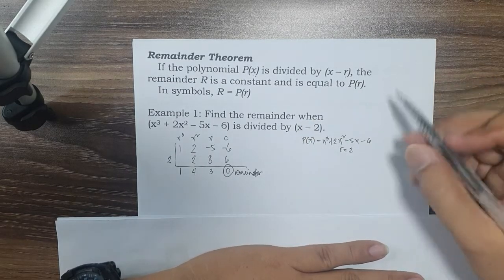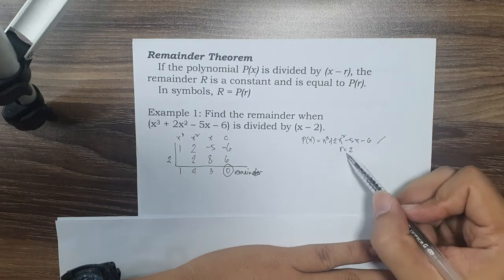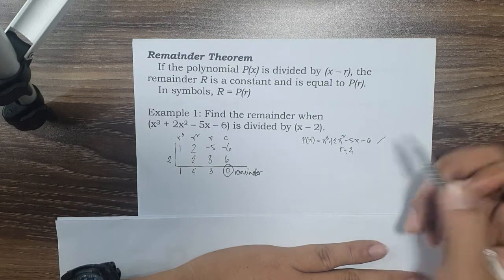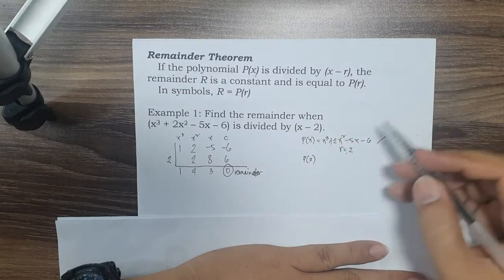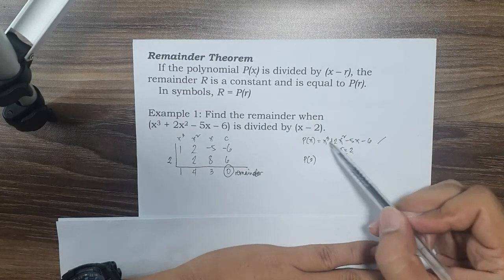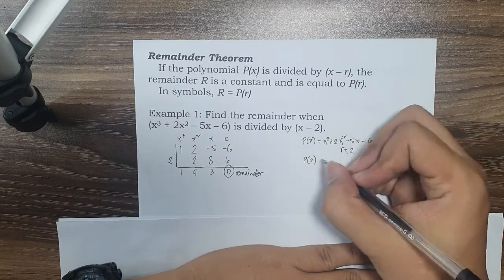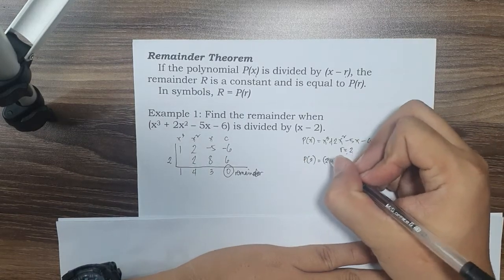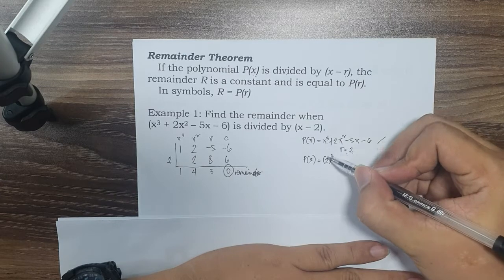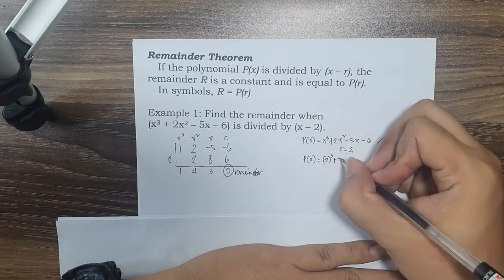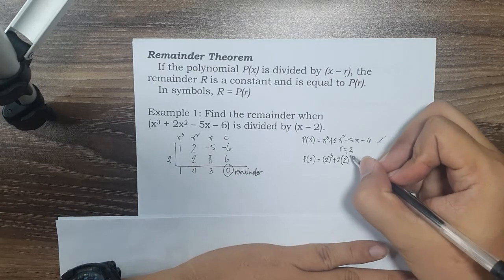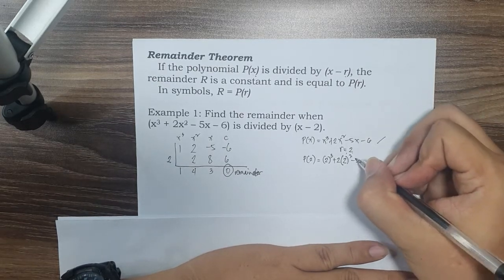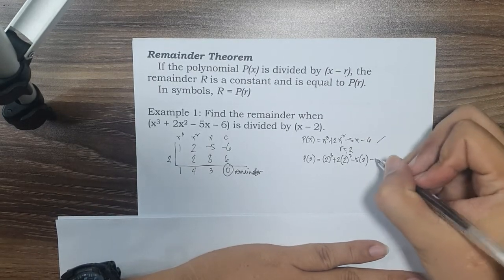So, we will evaluate this polynomial at r equal to 2. Okay. So, p at 2, i-replace daw natin lahat ng x ng 2: 2 cubed, that's your first term, plus 2 times 2 squared, and then minus 5 times 2, minus 6.